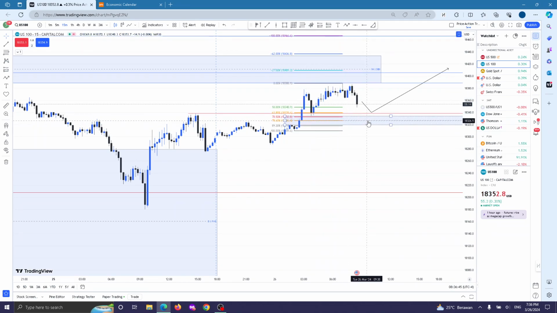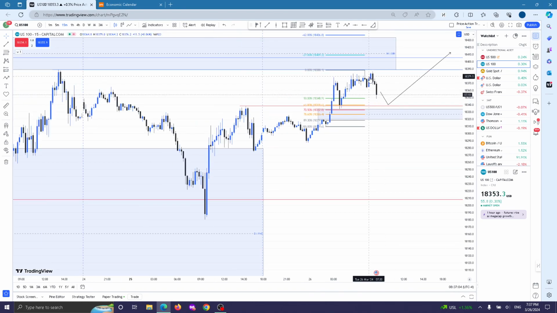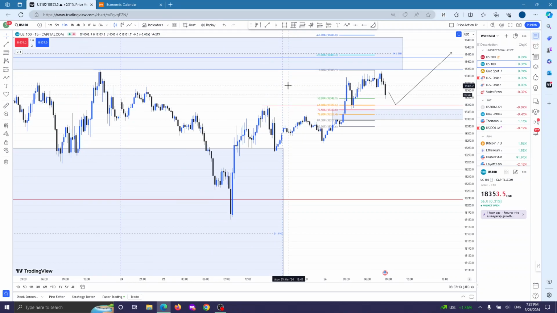There, perfectly lines to that order block. This is the original consolidation. The point of origin. This is the order block. This is fair value gap. That's the short-term low, where price is likely heading towards, and then push higher, taking out this high and previous day's high.